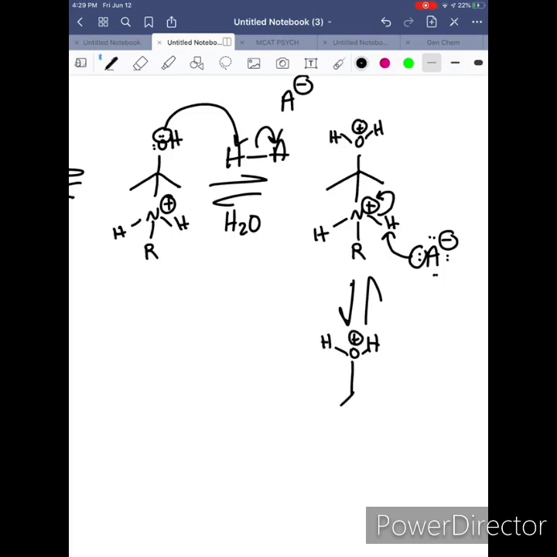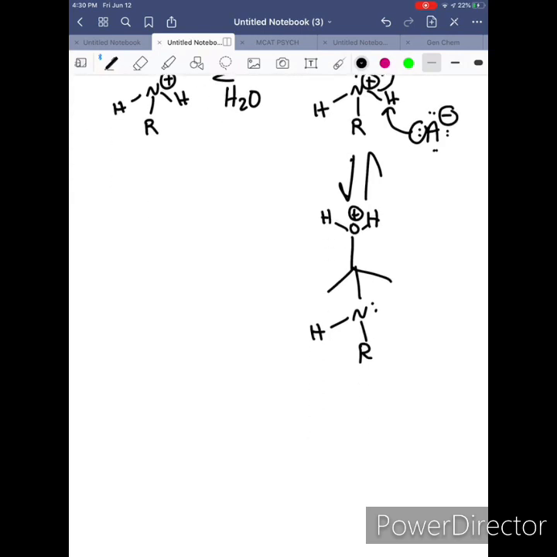So I still have an OH2, and it's positive, the oxygen is positive, but now I'm going to have this, 2 lone pairs. So this is the important step, pretty much.